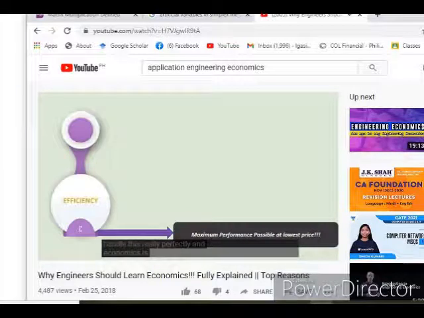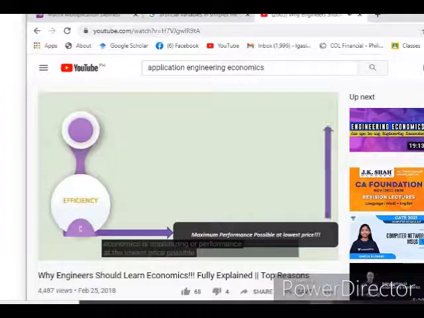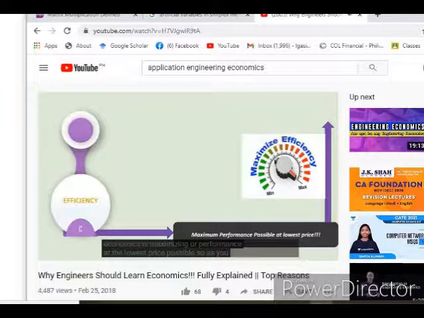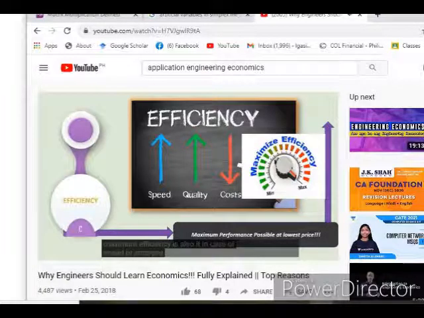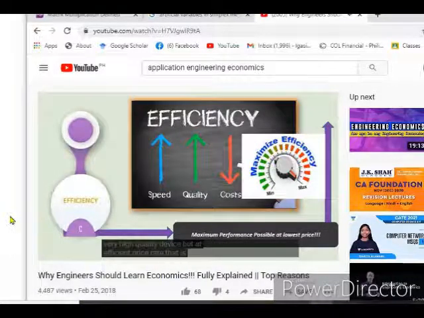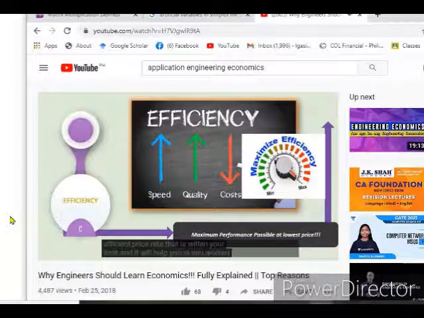Economics is about maximizing our performance at the lowest price possible. So as you can see, the maximum efficiency is also in the case of speed, or suppose you want a high speed and you want it at very low cost, then you need to consider the efficiency level. Or suppose you want a very high quality device but at an efficient price within your limit that will help you to work properly.